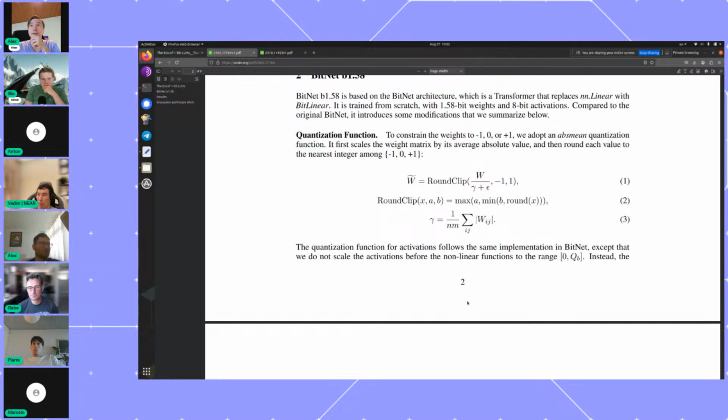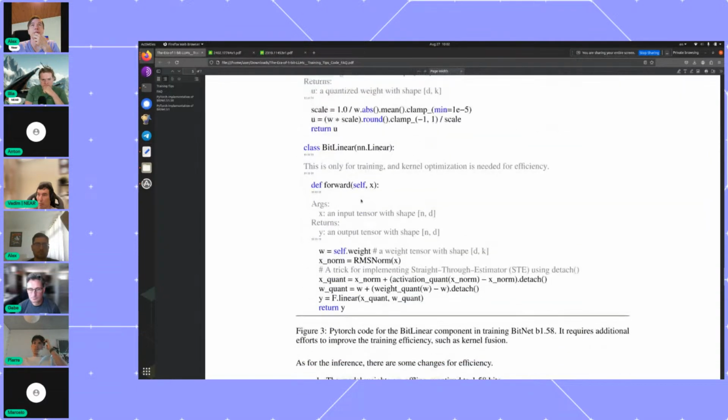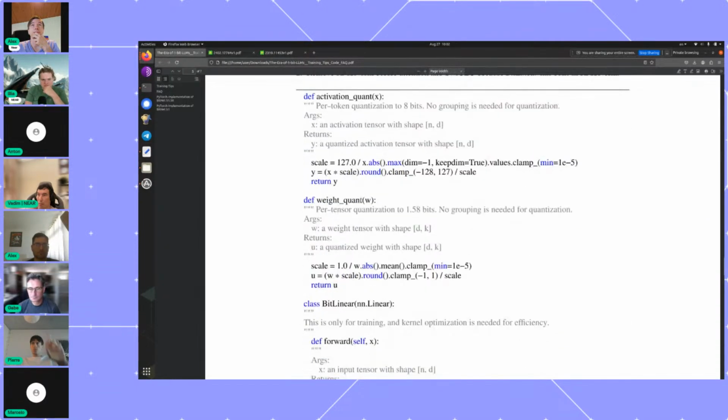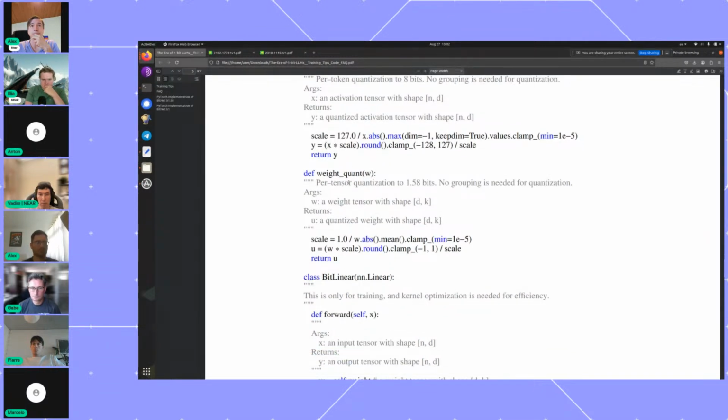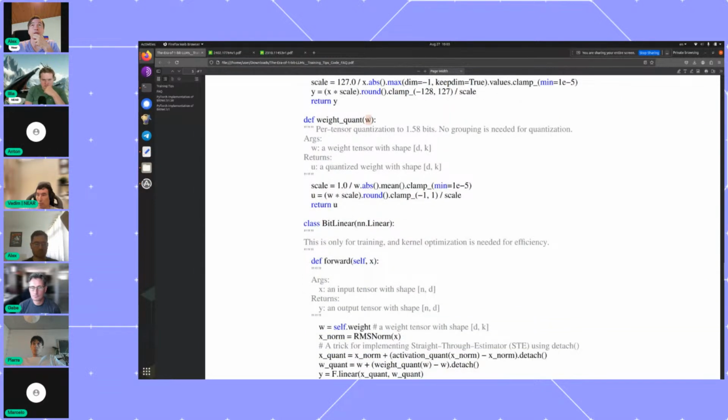Okay, so let's see how it looks in the code. They did publish a PDF that has a PyTorch implementation of it. So let's take a look and see how all of what we just discussed maps into code. So weight quantization: you have a matrix W, a full precision matrix that you have in memory.